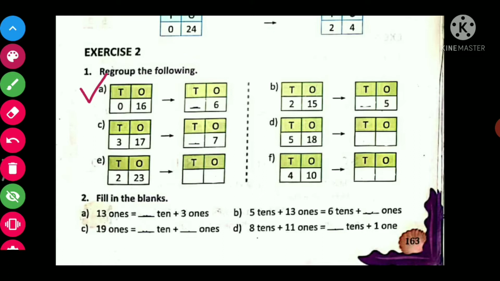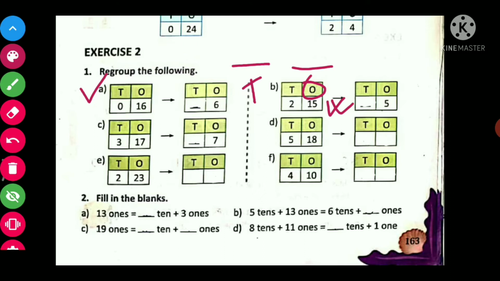Now we can't place two digits together. In ones place we can't place two digits, we have to put only one digit. So what we will do, we'll make one bundle, right? A bundle of what? Of the numbers.